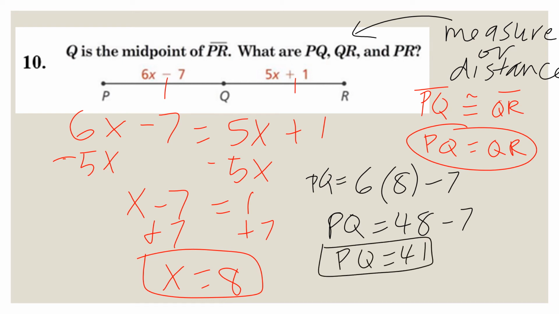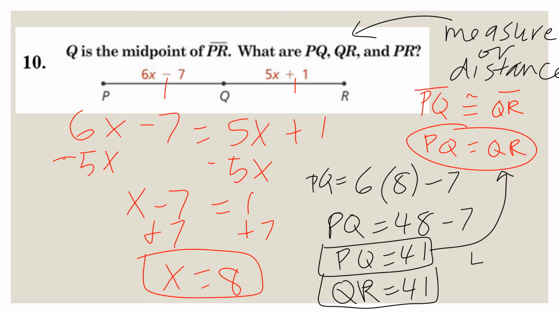If we know that PQ equals QR, that also means that QR is 41. And we know that PQ plus QR equals what PR is, which would be 82.